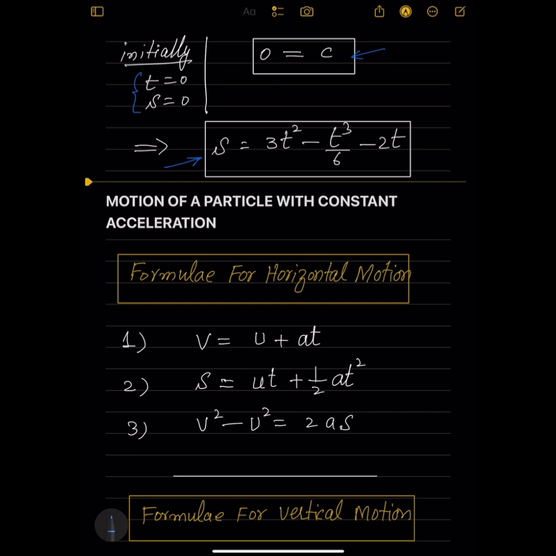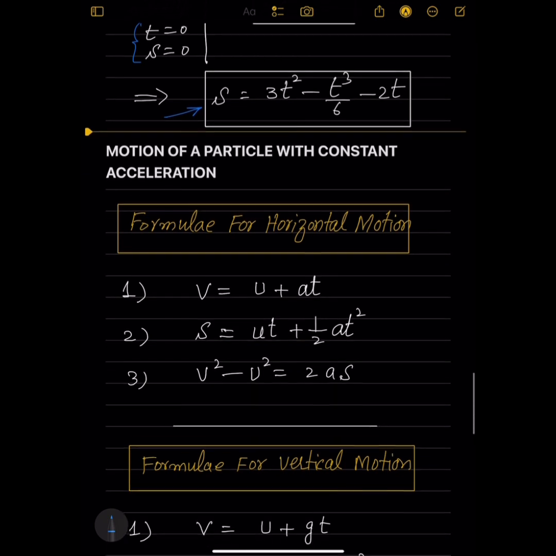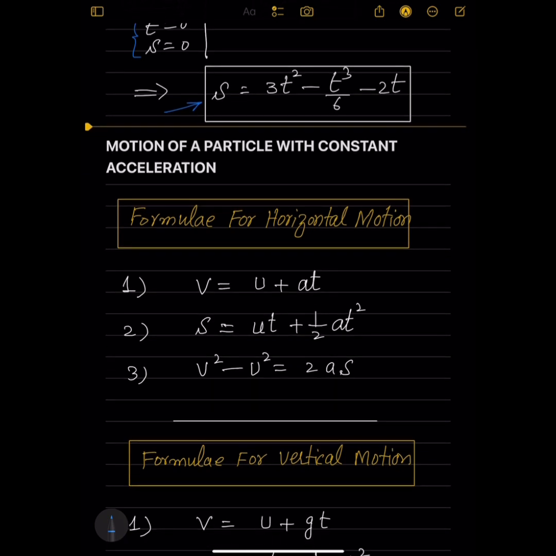Next concept in this kinematics: motion of a particle with constant acceleration. So when the acceleration is constant in your question, you will use these three very important equations of motion. You can say these are the formulas for the horizontal motion. इसमें horizontal motion को भी देखेंगे और vertical motion को भी देखेंगे.